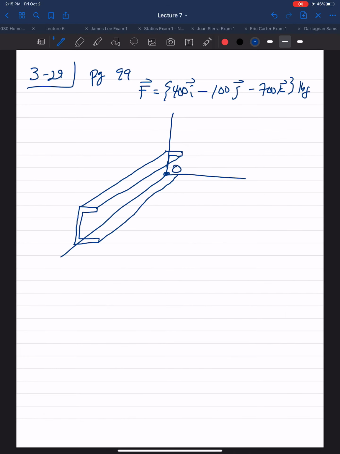Okay, so we have a force F acting at point B. This is our y-axis, z-axis, x-axis. They give you this offset distance here, 0.25 feet.